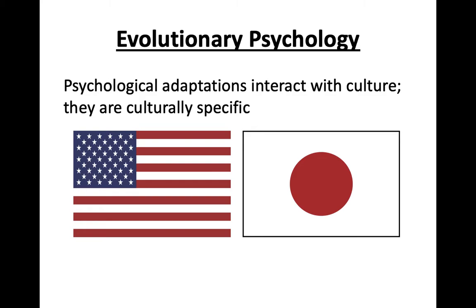The U.S. is generally considered an individualistic culture. We value individualism and independence, whereas Japan is a more collectivistic culture, where what is valued is contributing to the group and having the group accomplish.